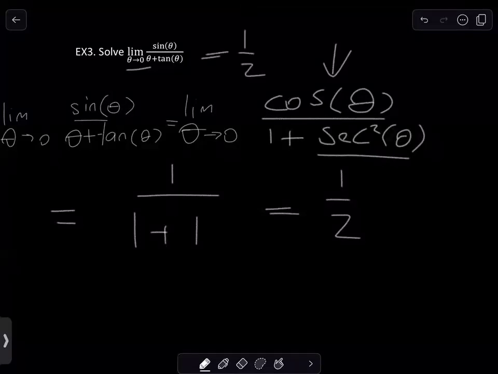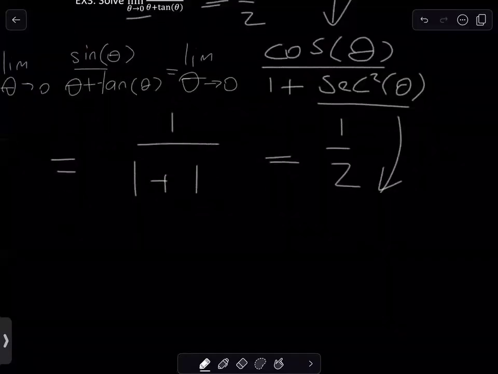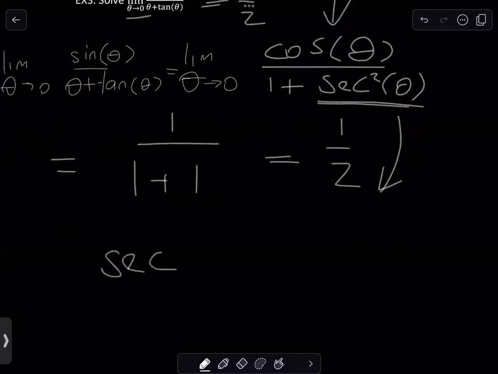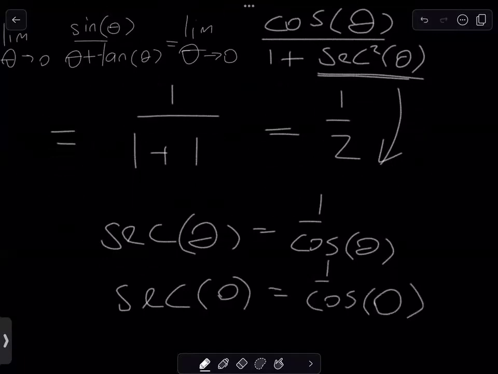Okay, in case you're having a problem with the secant squared theta, this is how I would do it. So think about what secant is. Secant theta is 1 over cosine theta, right? So you have secant of 0. That's 1 over cosine of 0.